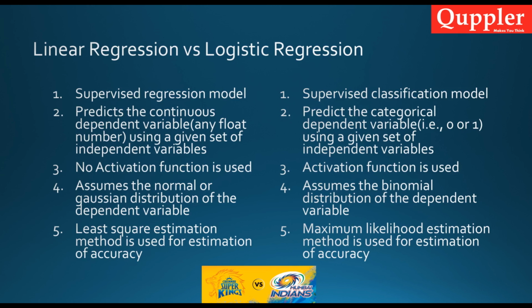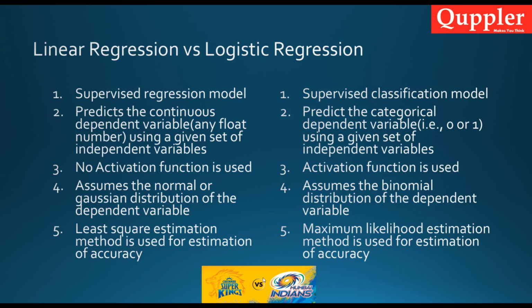If we look at this example, this screenshot, this small diagram, Chennai Super Kings versus Mumbai Indians. If we take this example, we can apply linear regression and logistic regression on it.